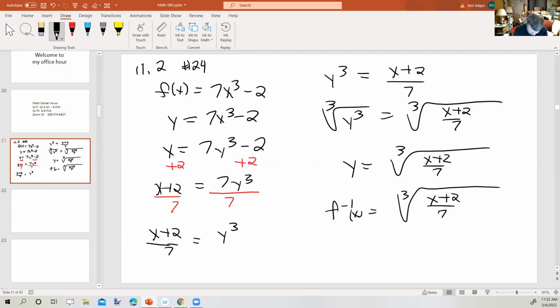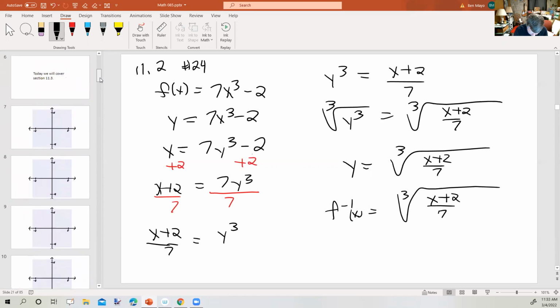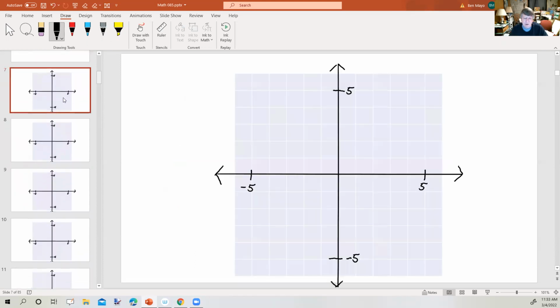So now, we've looked at equations and functions that were linear, like y equals 2x, for instance. Y equals 2x would have a slope of 2 and a y-intercept of 0.